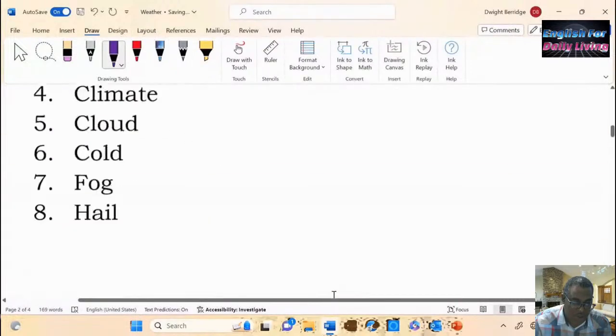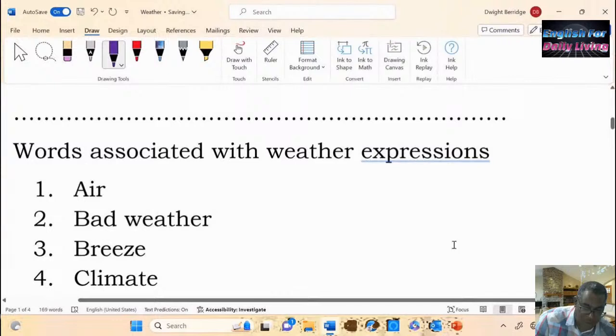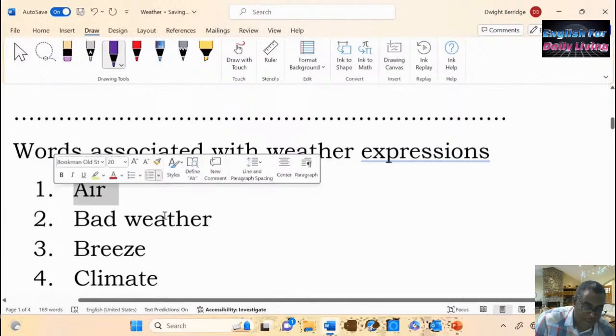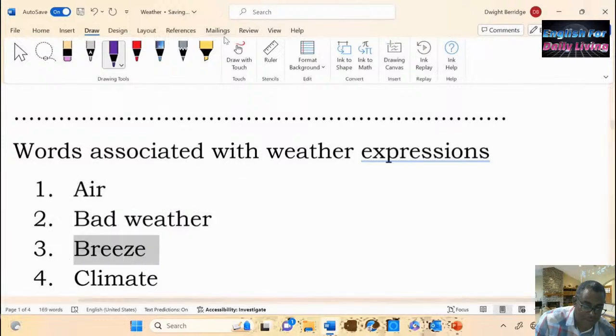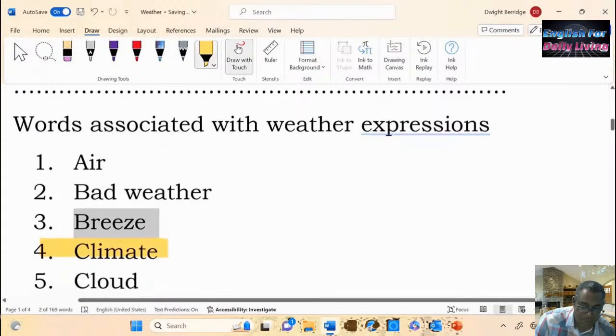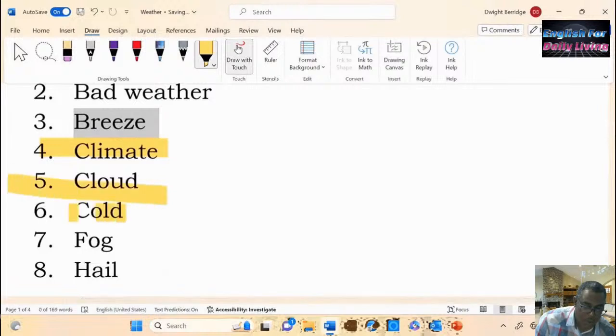I want you, in your spare time, to spend some time to look at these words associated with the weather expressions. Air, bad weather, breeze, climate, cloud, cold, fog, hail.